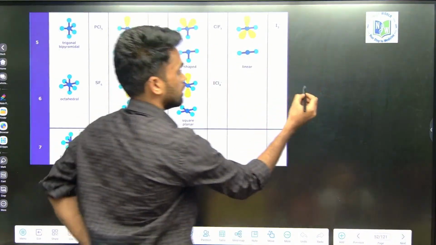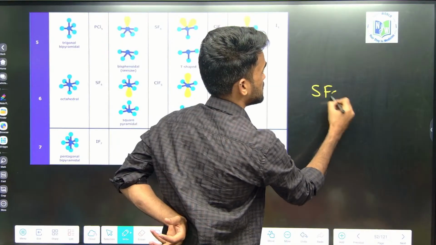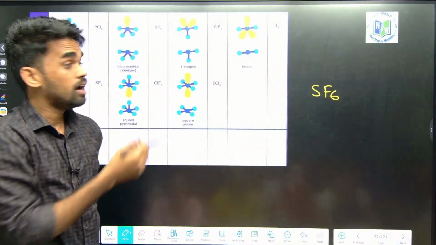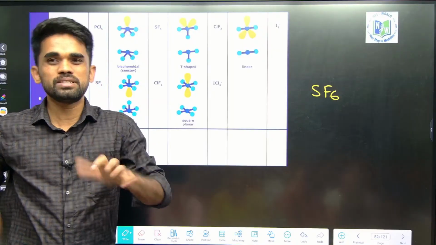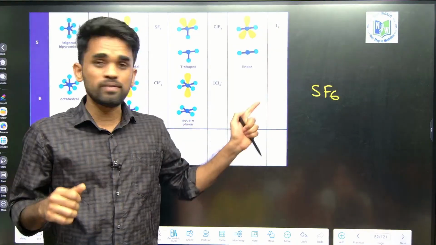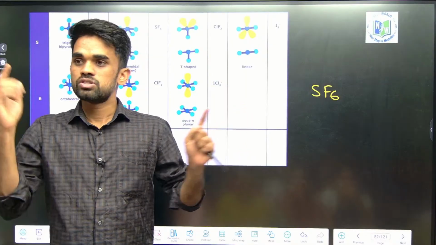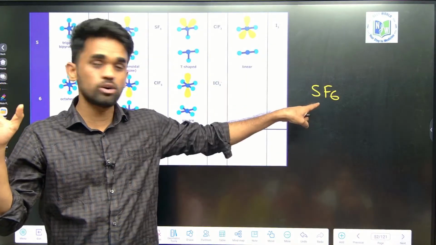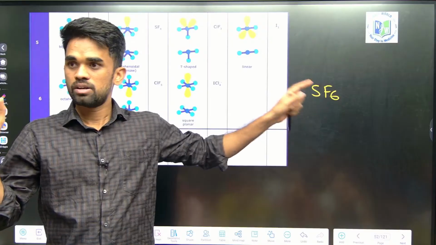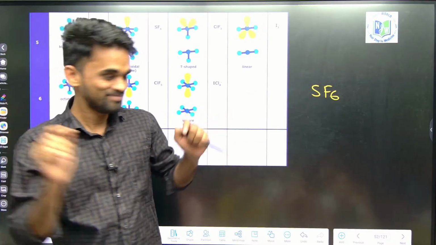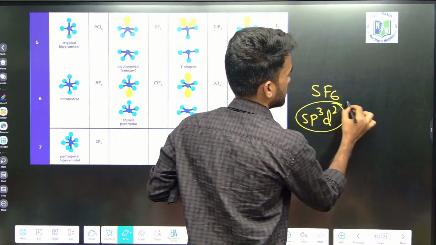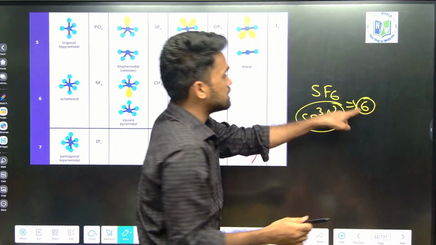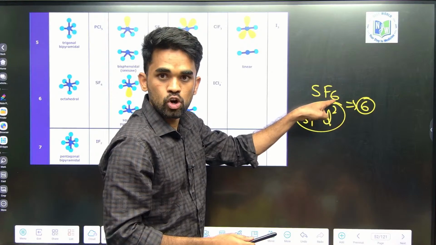Let us say it for SF6. What is that? Do it fast. SF6 means 16th group. See, no need for pen and paper. Sulfur, which group? 6. So 6 valence electrons, 6 plus surrounding atoms 6. So we got 6. All 6 are bond pairs, 0 lone pairs.